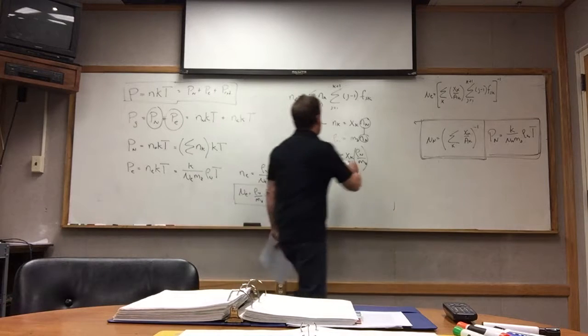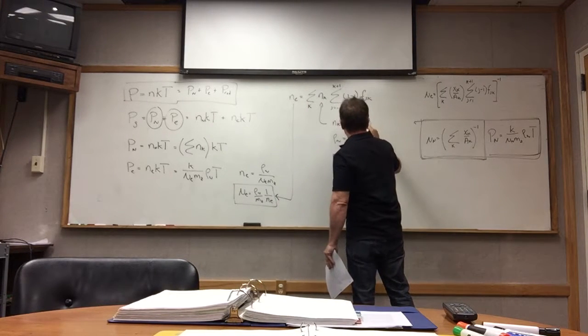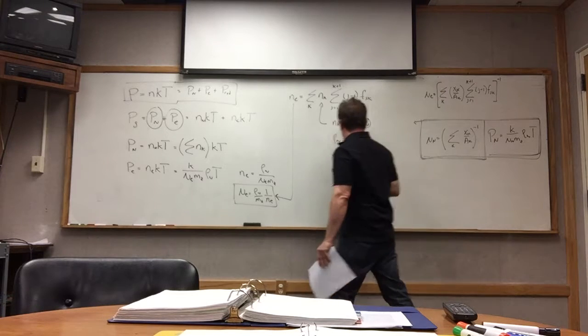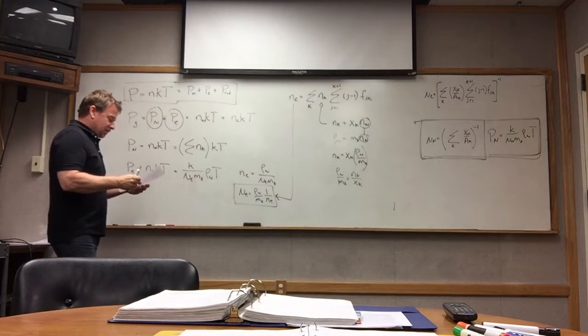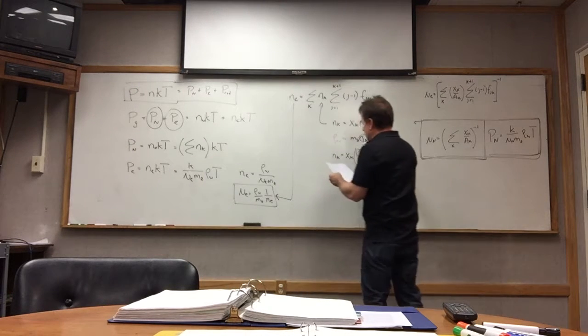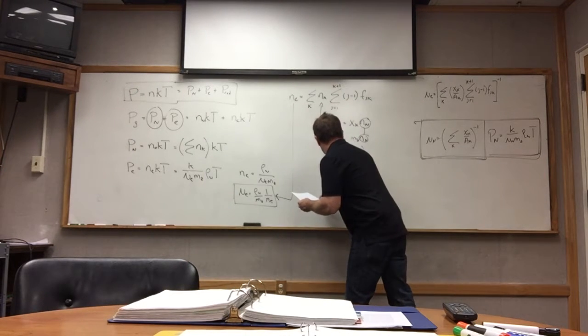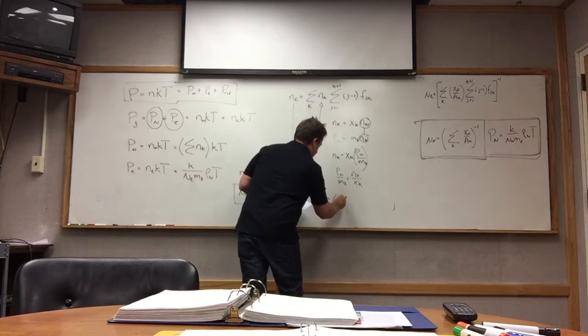I got something wrong here. Where am I missing the a from? I used to know all this stuff so cold. What I got was nk. What did I derive? I got nk equaled xk over ak.